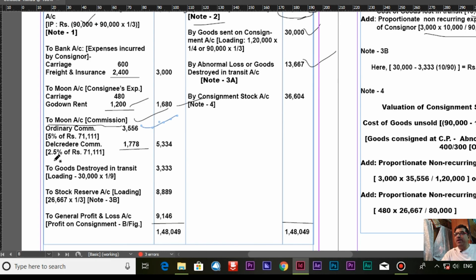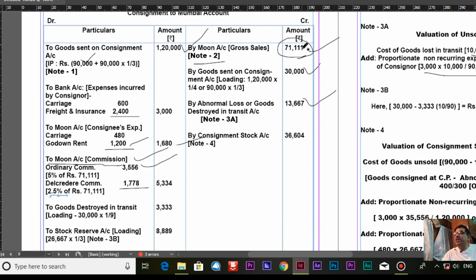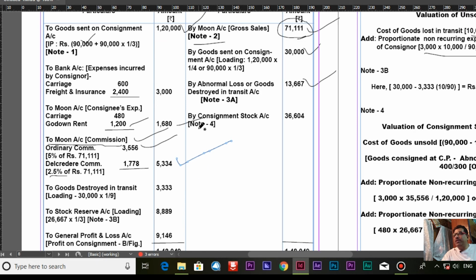Therefore, there will be no bad debt in case of del credere commission. Therefore, 2.5% on rupees 71,111 sale proceeds, we get 1,778, and naturally you add, then we get 5,334. Up to this part, it is complete.